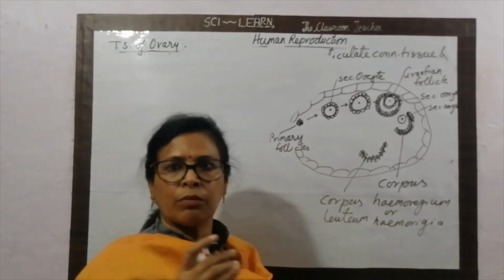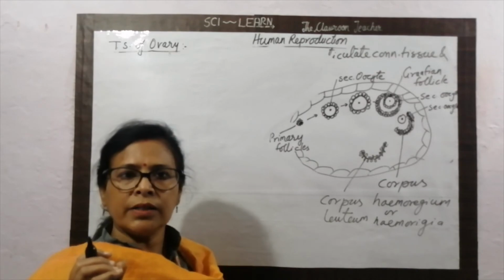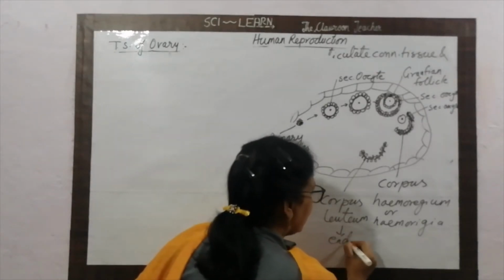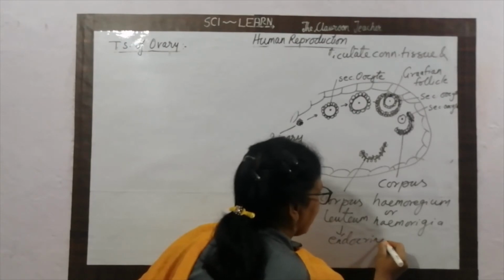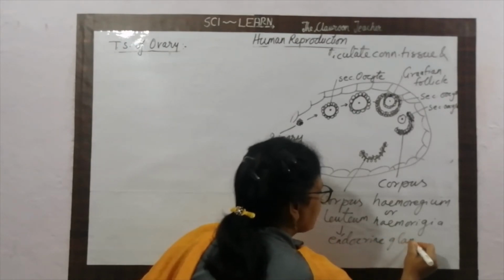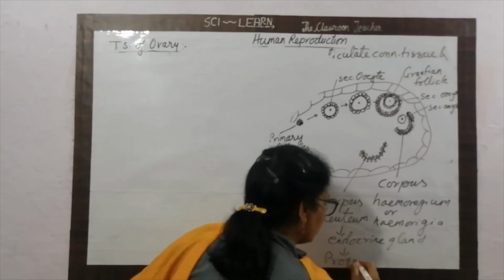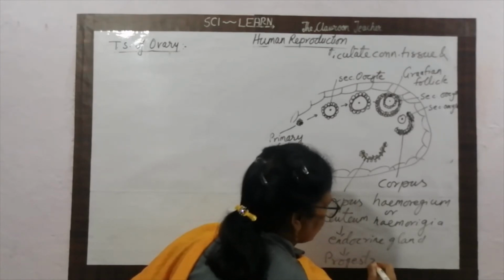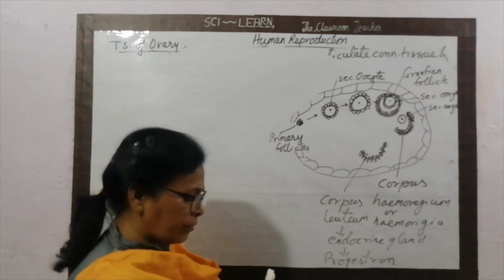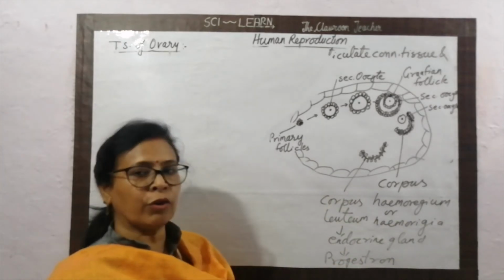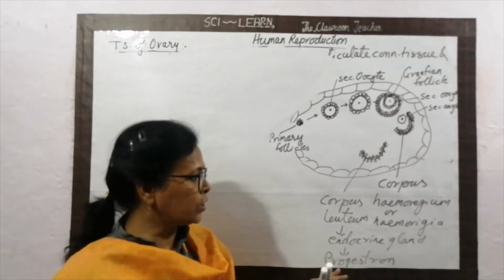The corpus luteum is an important part because it acts as an endocrine gland, and it is responsible for the formation of progesterone. Progesterone is a female reproductive hormone. So this is important for the formation of progesterone.